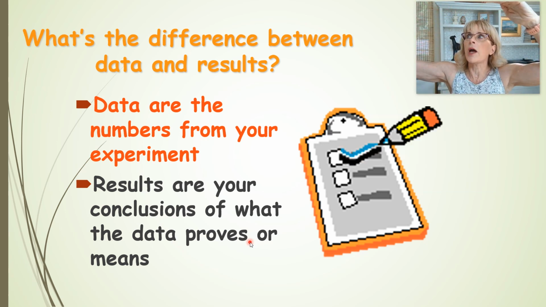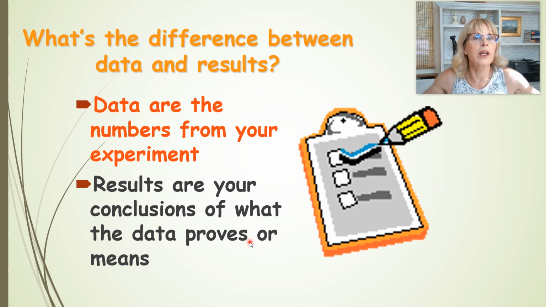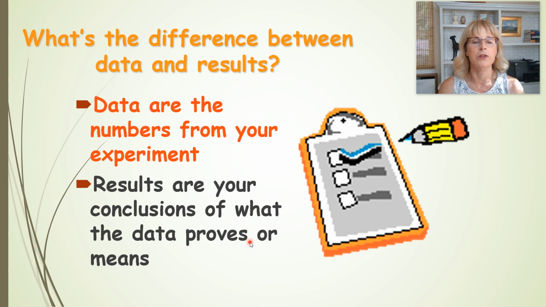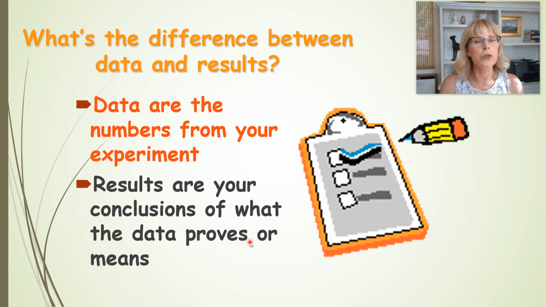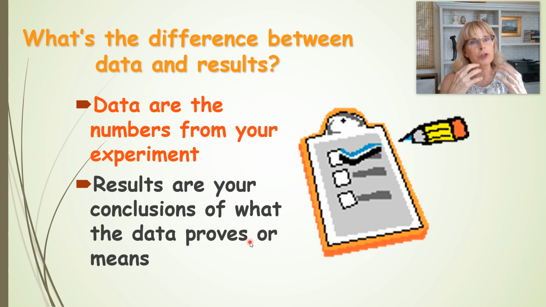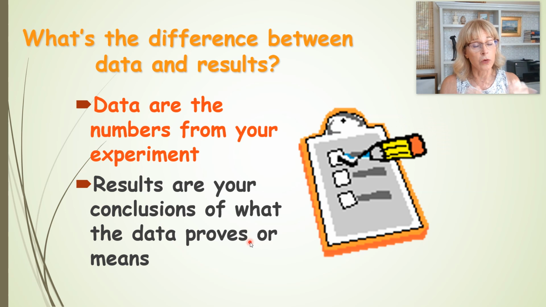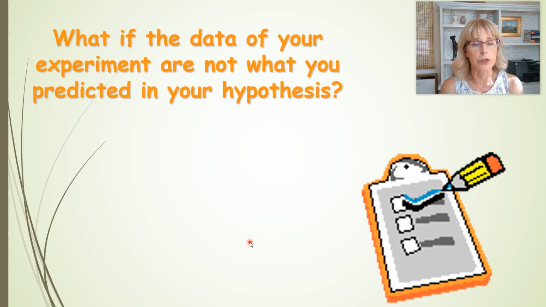And after that, no matter how much extra light I put in, they didn't grow any faster over the 3 months. Okay, those would be my conclusions. So the data, the numbers, or whatever you're acquiring; the results, that's your conclusion. What does it prove? Did you need to reject your hypothesis or did you accept your hypothesis?